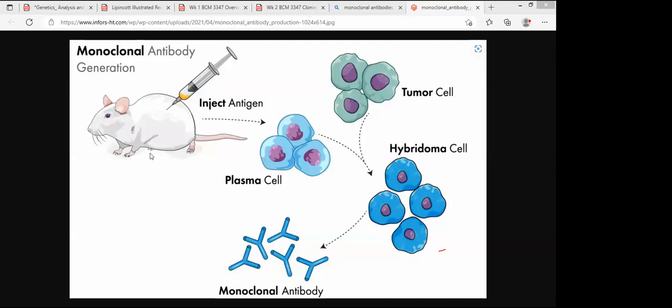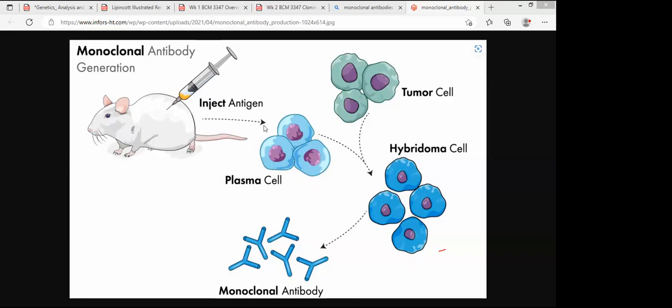So keep that in mind. Here are the plasma cells, the ones producing antibodies specific against this COVID-19.